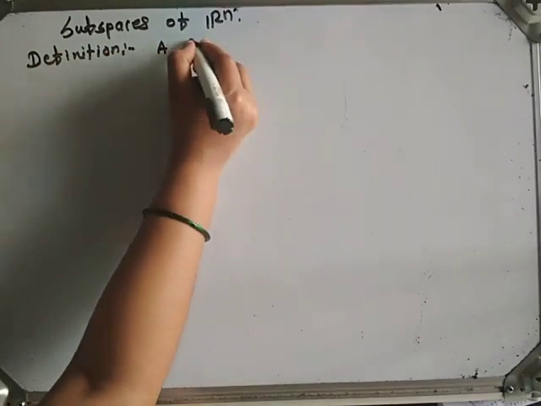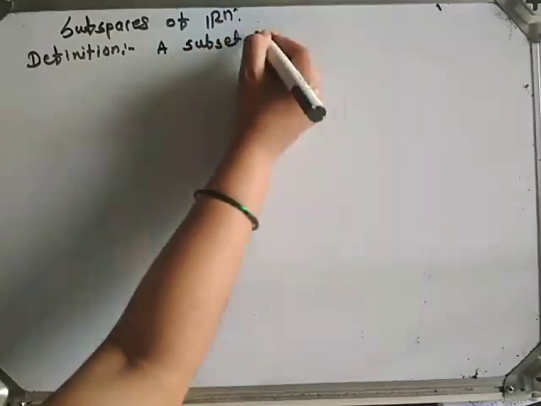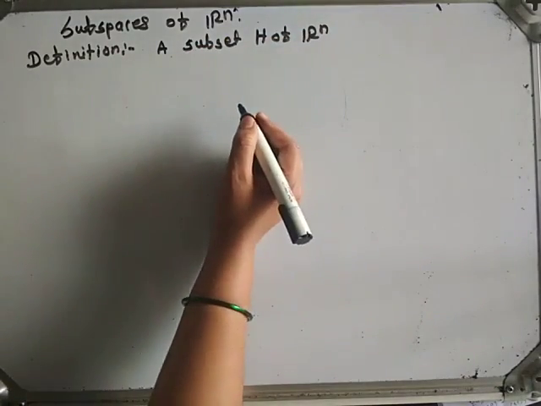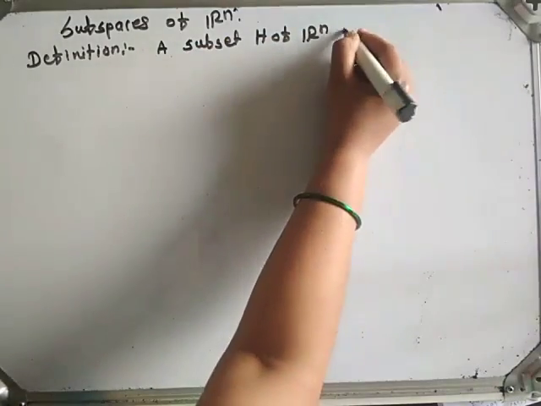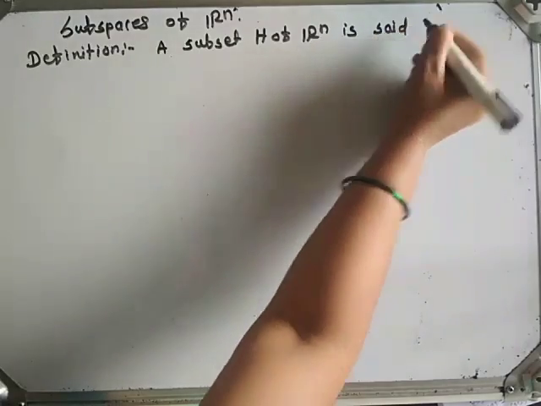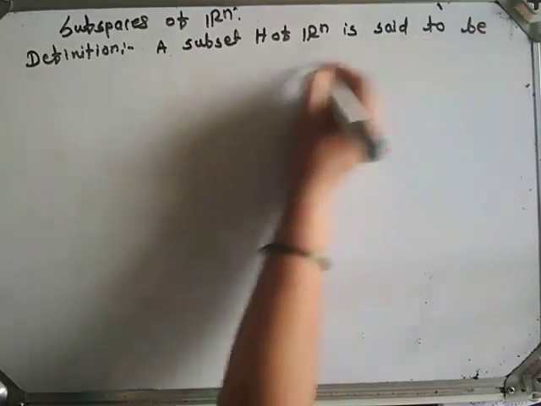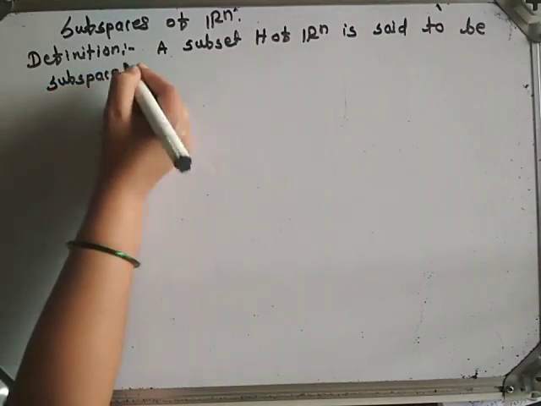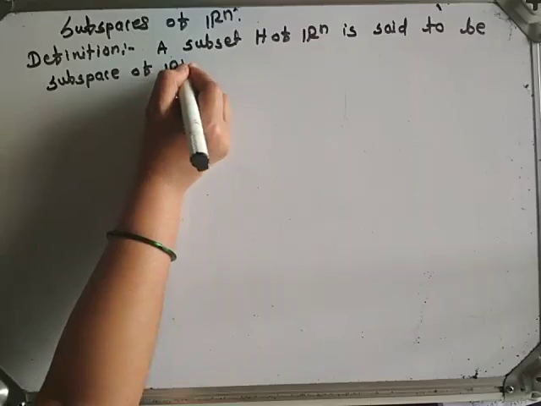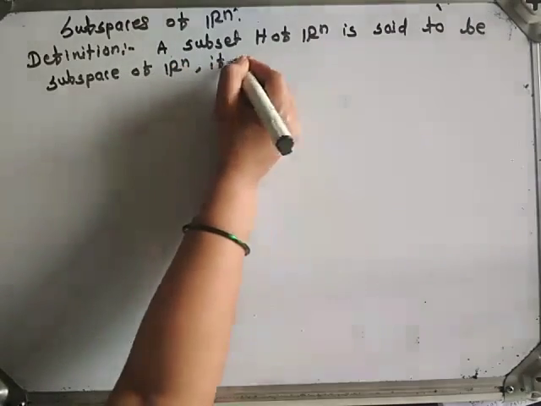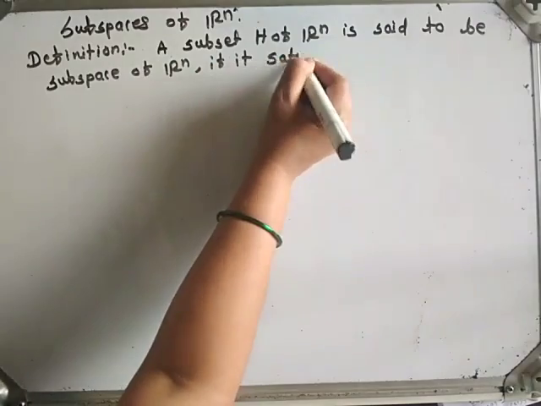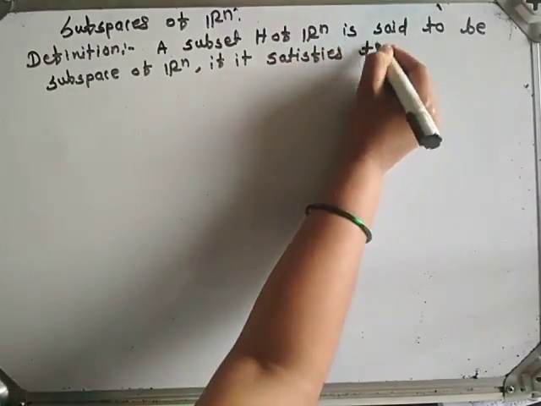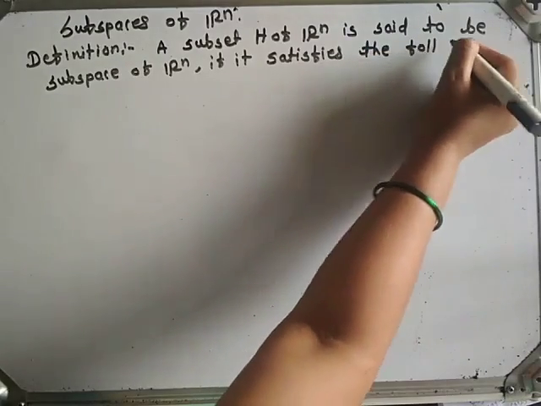A subset H of Rn is said to be a subspace of Rn if it satisfies the following three properties.